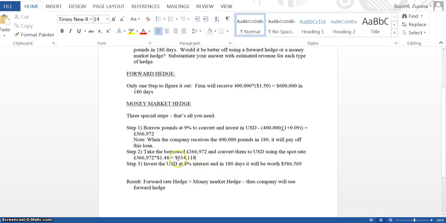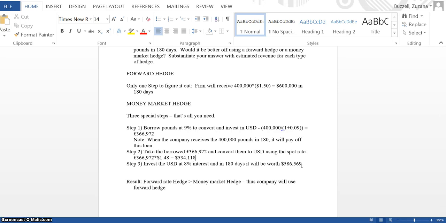You will invest this money at 8% interest, and in 180 days, it's going to be worth $586,569. That seems like a lot of money.